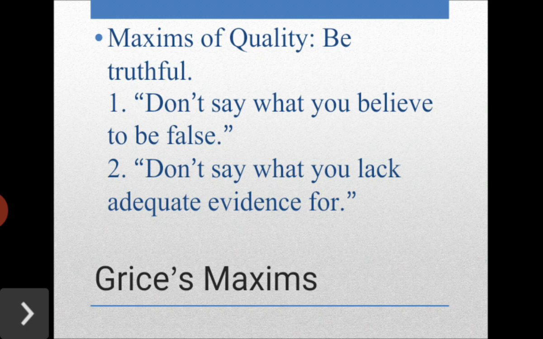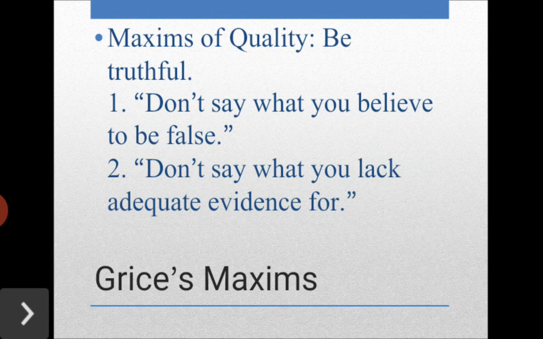For example, here in Monteria, in Colombia, we tend to say what actually we believe is false, and sometimes we communicate information that we don't have adequate evidence for. And this is what we call in communication gossip. In our context, we call it gossip.